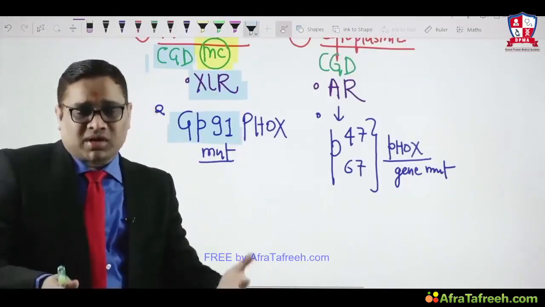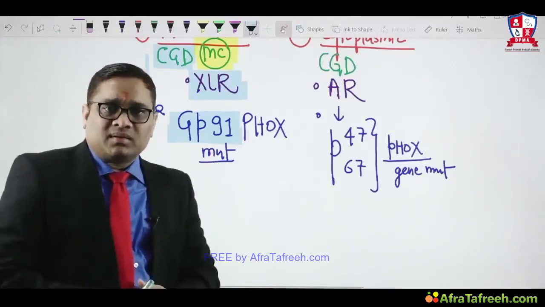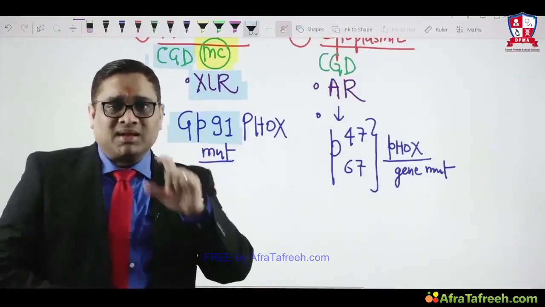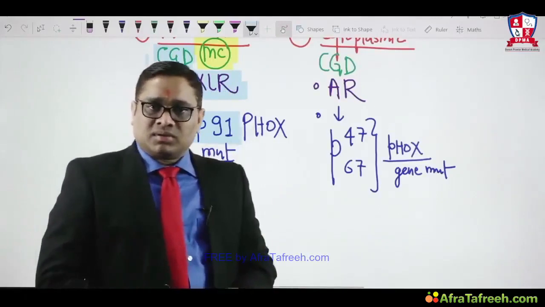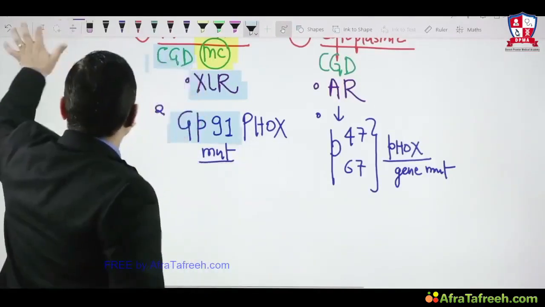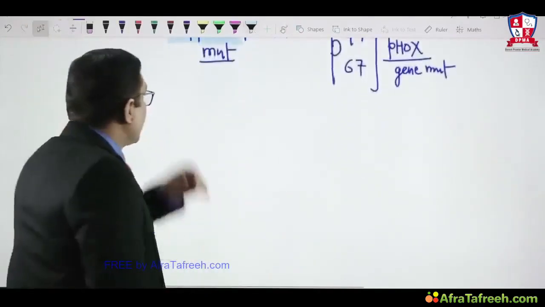So bacilli will not be killed. Which type of bacilli? Catalase positive, catalase negative, or both? This question we have to understand. This was a question in the DNB exam previous year and the All India exam also.